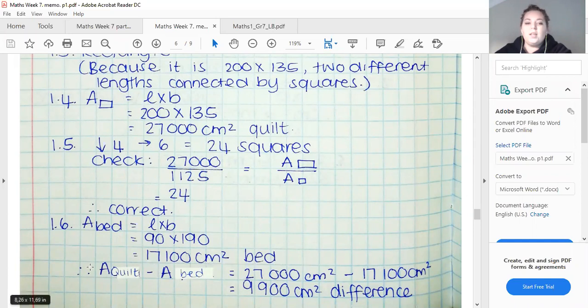Then the area of the quilt minus the area of the bed: 27,000 minus 17,100 is 9,900 centimeters squared. So the quilt is 9,900 centimeters squared bigger than the bed. Okay, so that's pretty much that.